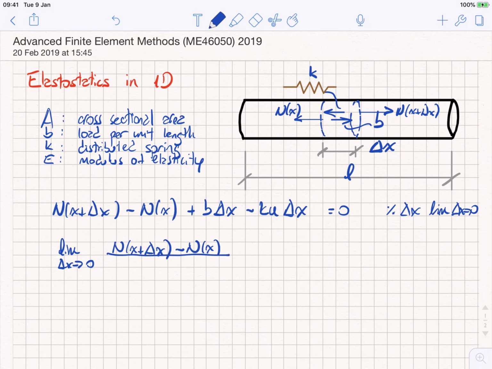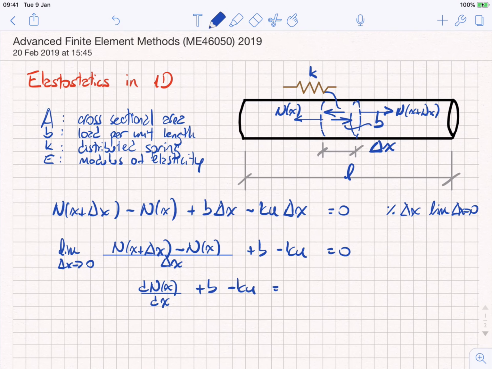Some of you may immediately recognize that this term here is going to be the derivative, dN/dx, plus b minus ku is equal to 0. And so we have the variation of N with respect to x plus b minus ku equal to 0.